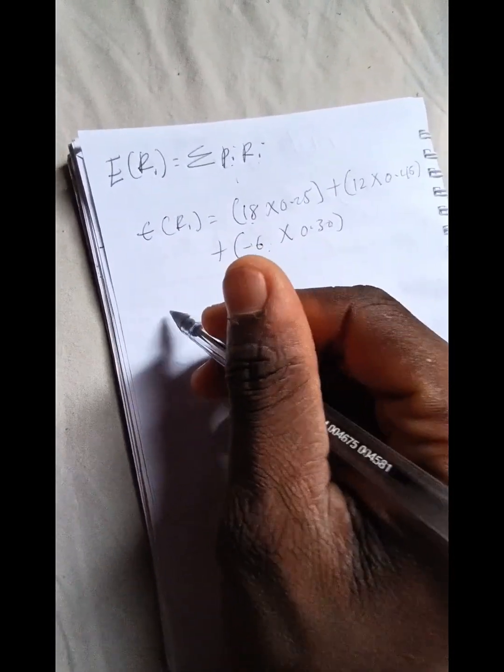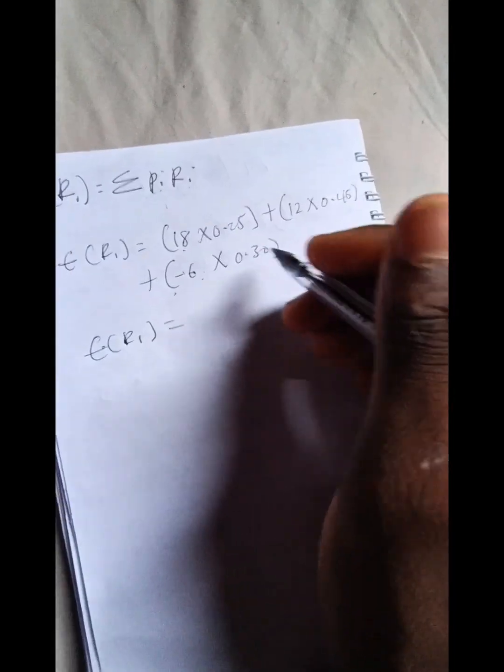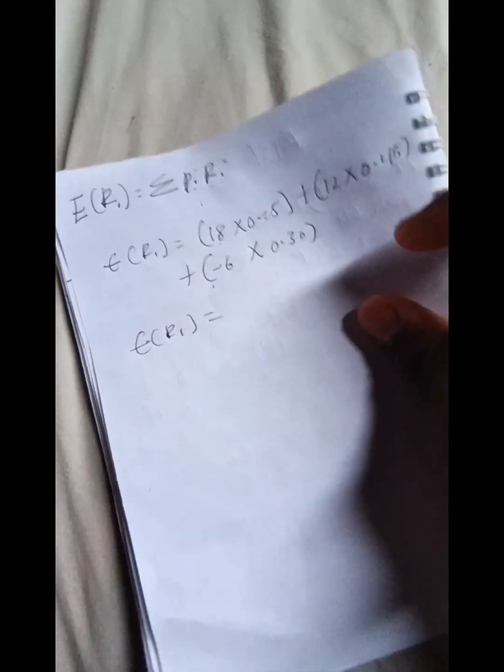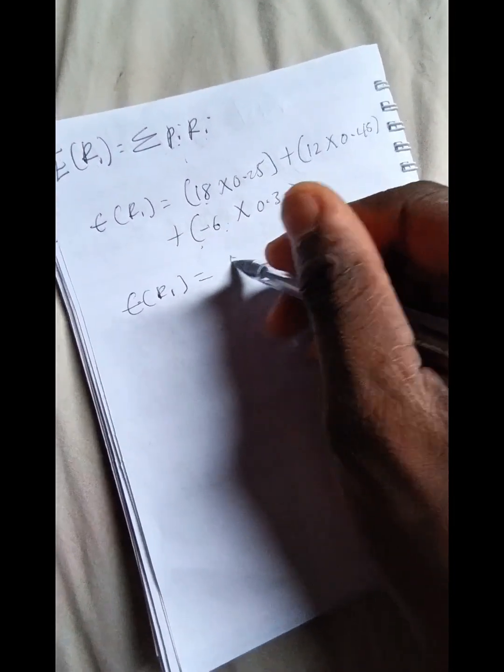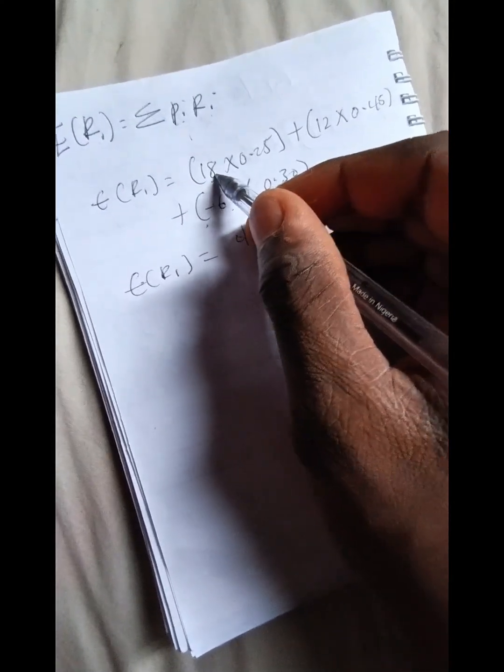So our estimated return of security I is just equal to, now we'll calculate this. This is going to be 4.5%. Remember, this is in percentage, we just didn't add it.